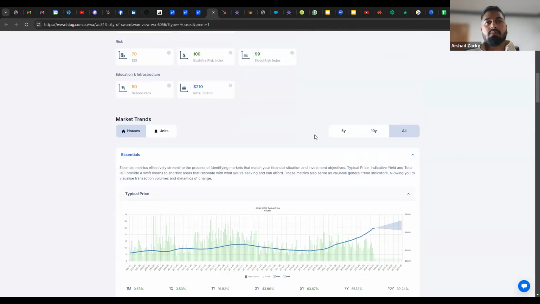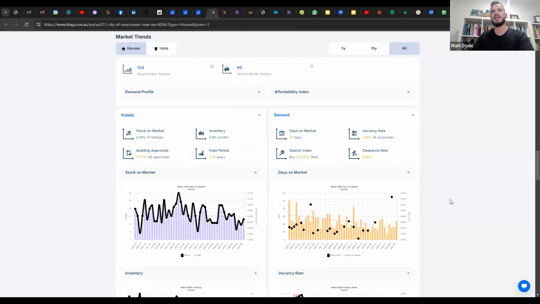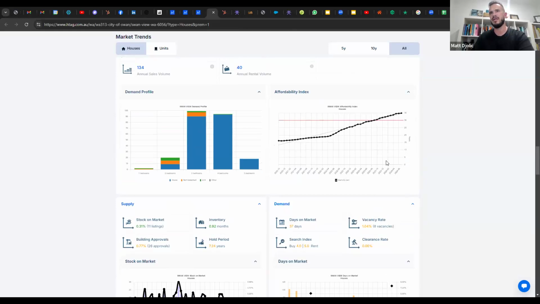The suburb pages are arranged in a particular way, specifically because you need to analyze them in a particular order. So when you go all the way down, if your strategy is, for example, short term, then what you need to look at is the affordability index.